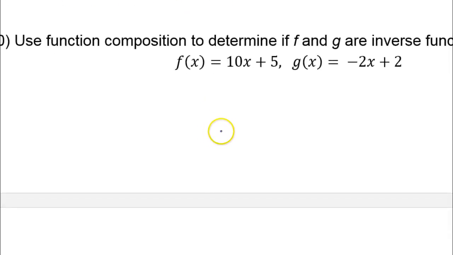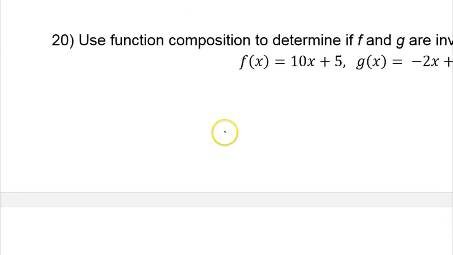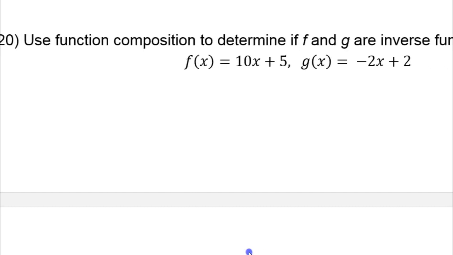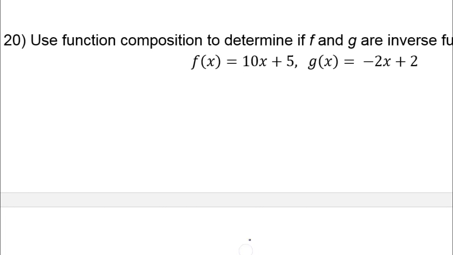Okay, now finally we're going to use function composition to determine whether or not these two functions are inverses of each other. Okay, so we have to do two things. We're going to substitute each function into the other and see whether or not they equal x.